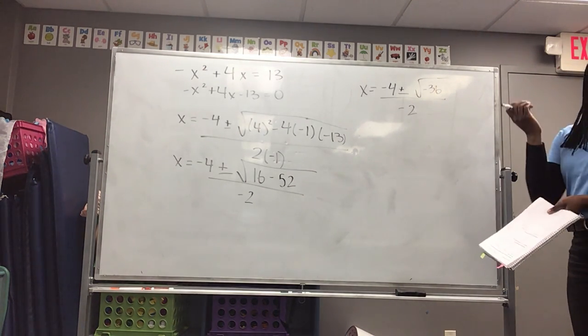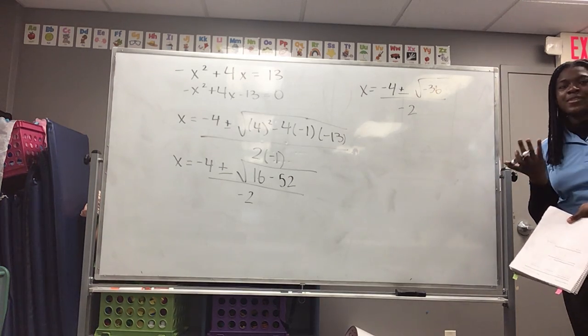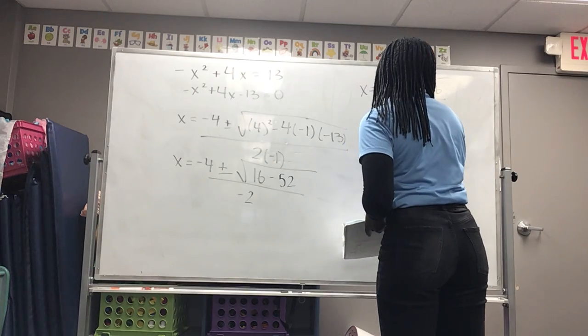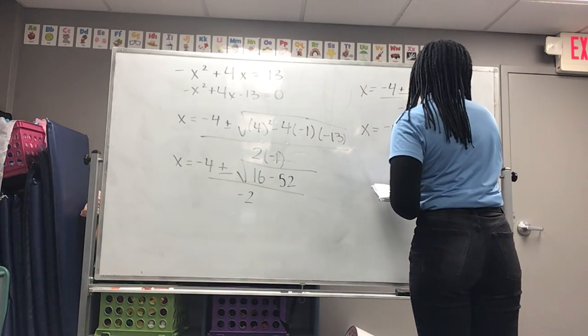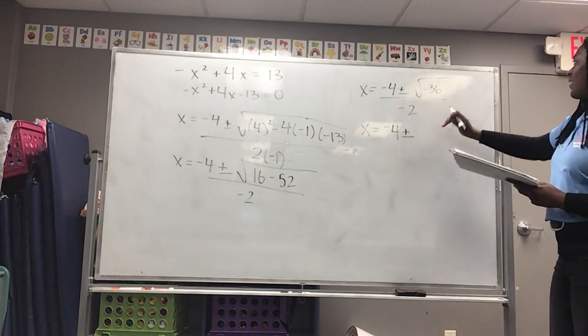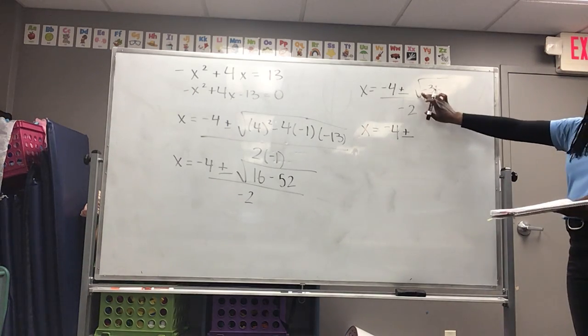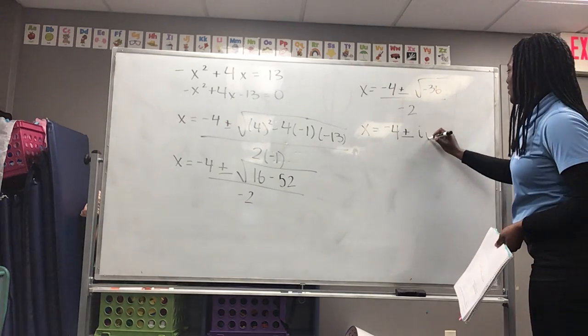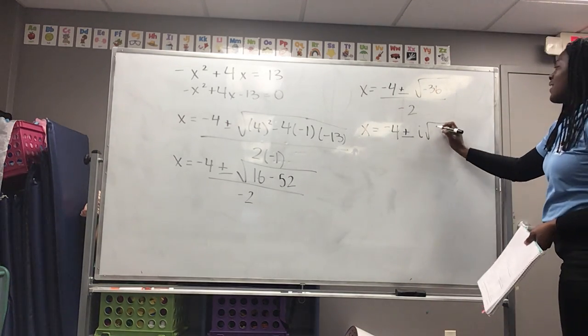So to solve that, I'm going to use my imaginary numbers, which are represented by i. So how I write it is negative 4 plus or minus. If we take out the negative, there'd be an i on the outside of the square root because it's imaginary.